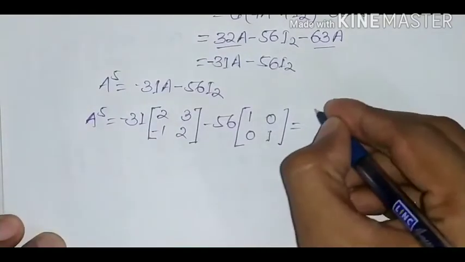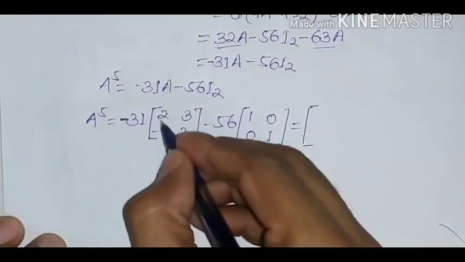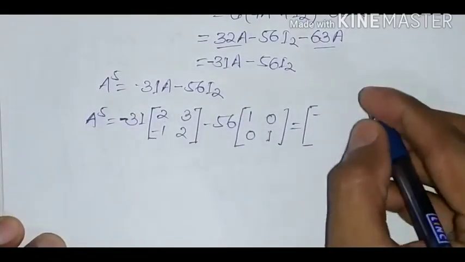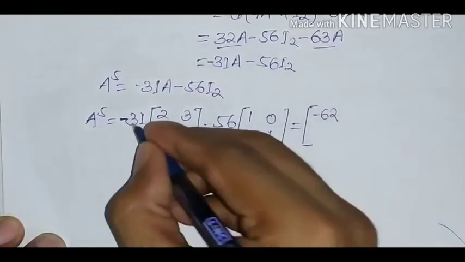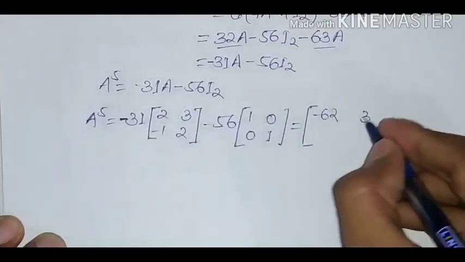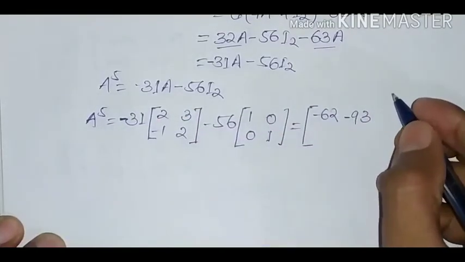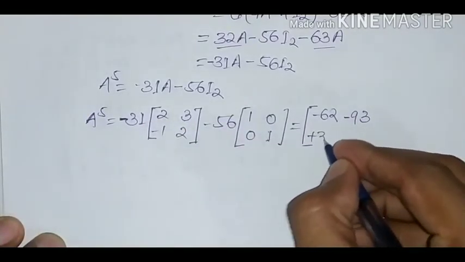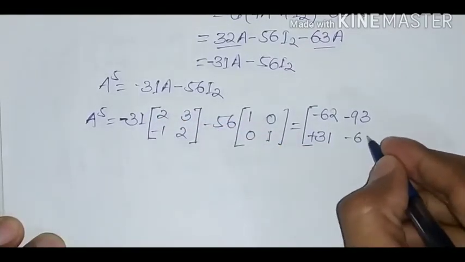Here minus 31 is going to multiply each term of this matrix, then it will be minus 31 times 2, minus 62, and 31 times 3, minus 93, and minus 31 times minus 1, plus 31, and minus 31 times 2, minus 62.